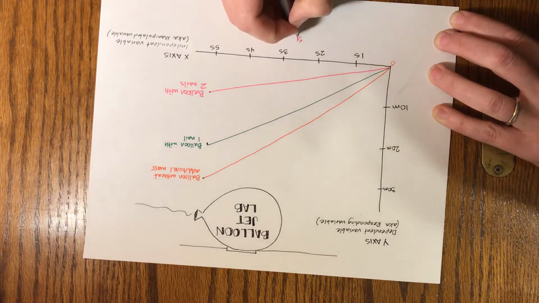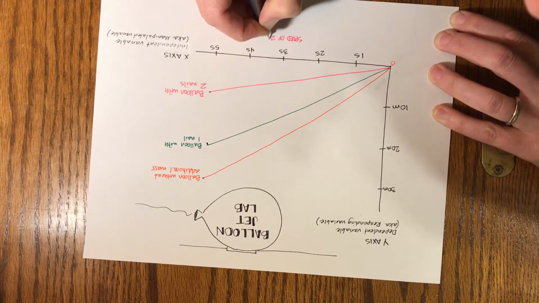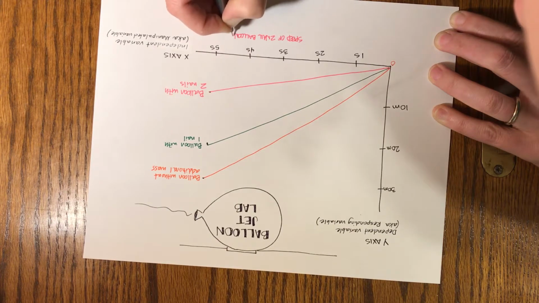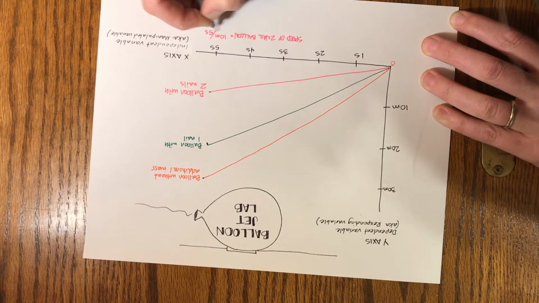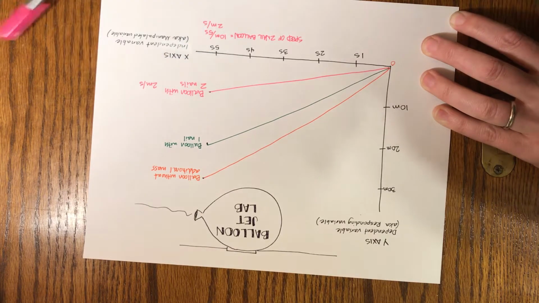If we figured out its speed, the two-nail balloon, if it went 10 meters in 5 seconds, then we could simplify that to be 2 meters per second, right? Put that up here, 2 meters per second.